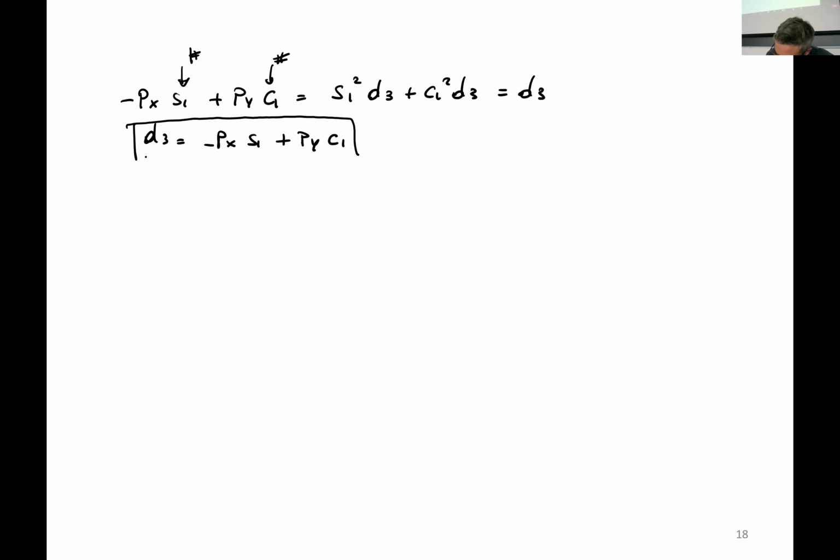And in this case, we know that this is s1 squared d3 plus c1 squared d3, and this is equal to d3. And we don't have to do the square root. Okay, you found out a new way to do that.